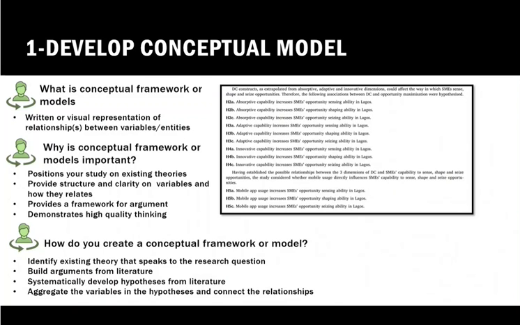For instance, I said that absorptive capability increases SMEs' opportunity sensing ability, meaning it increases how SMEs will sense opportunity. So I created them constructively like that, and it was really clear. That is how to draw or create your conceptual model. You could create those hypotheses.